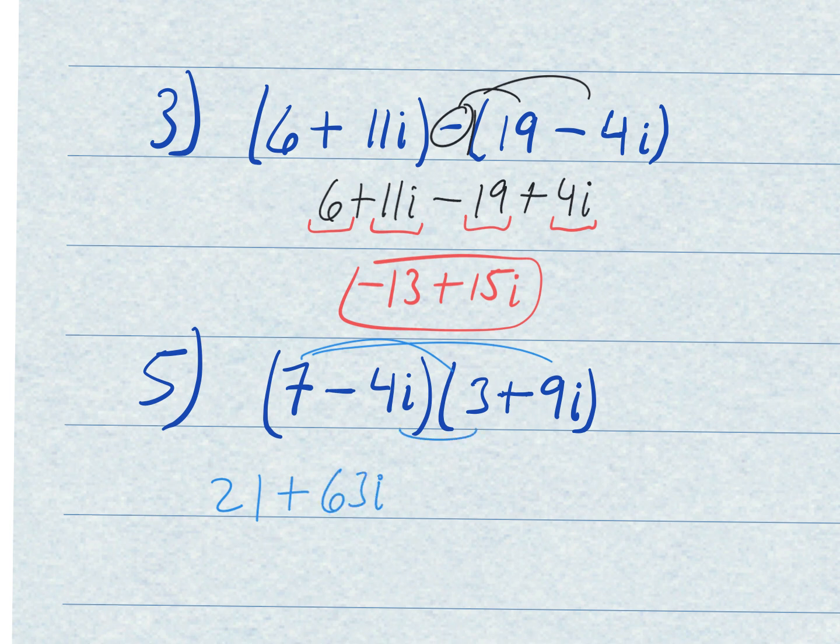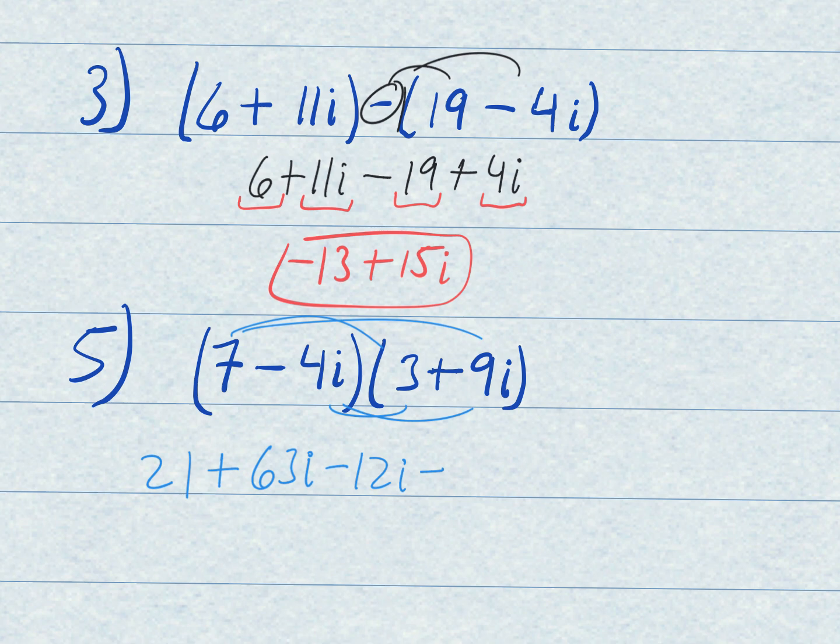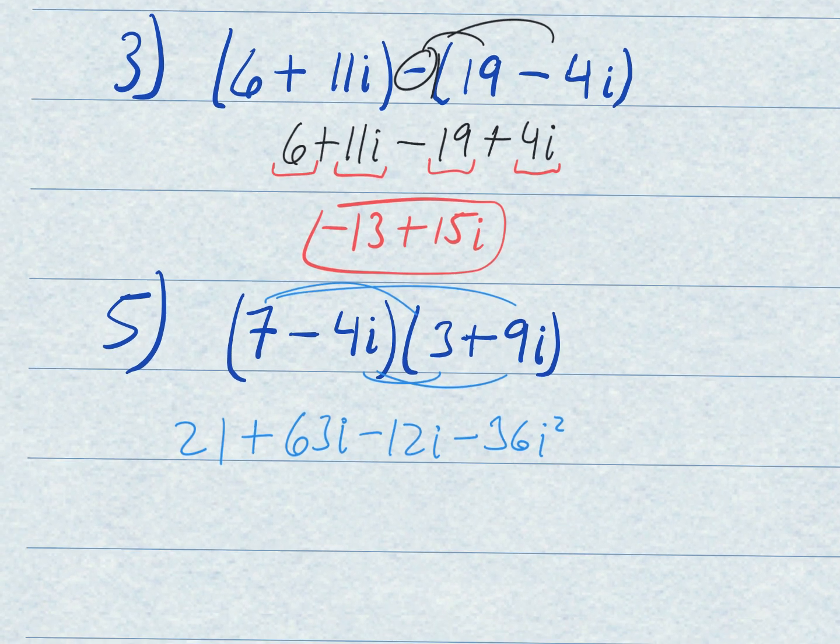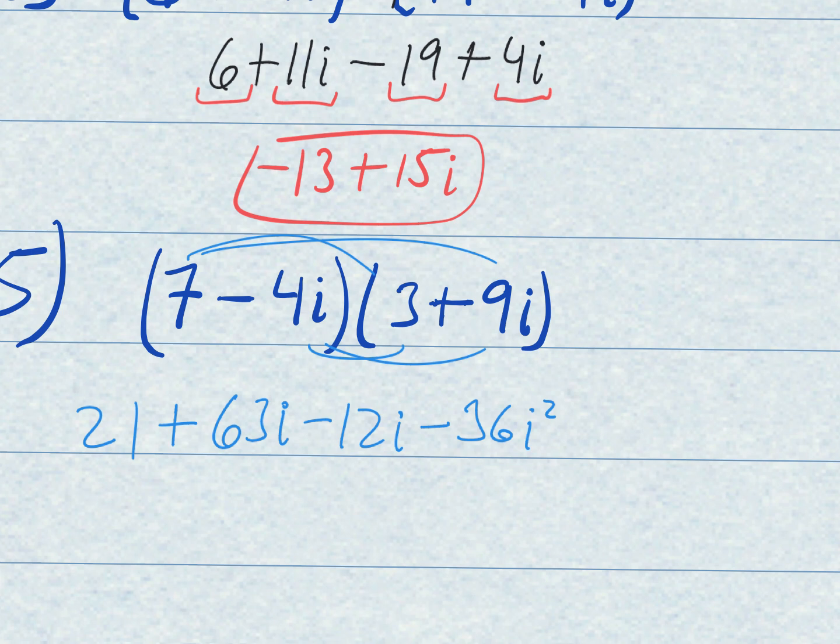And then -4i times 3 is going to get us a -12i. And then -4i times 9i is going to get us a -36i squared. Anytime you see an i squared, that's the same as -1. That's the same as multiplying by -1. So I just cross it out and I change the sign in front and it becomes a real number.